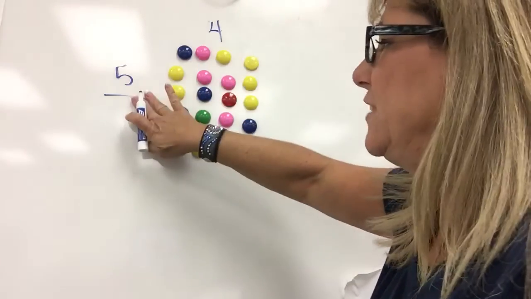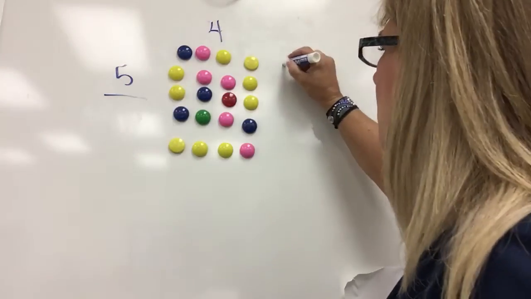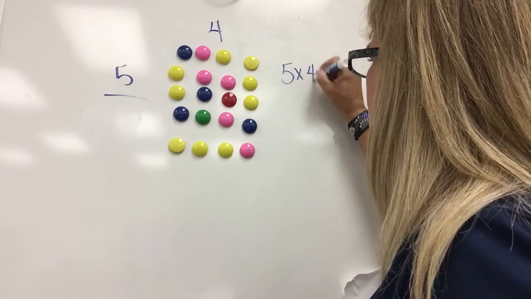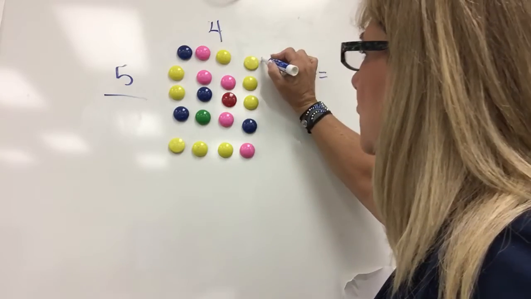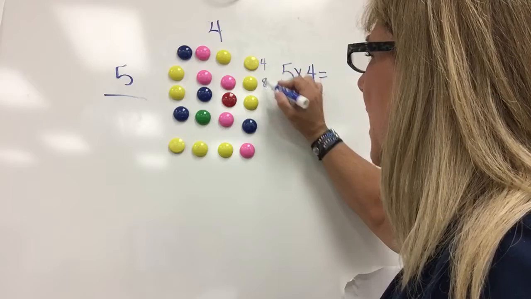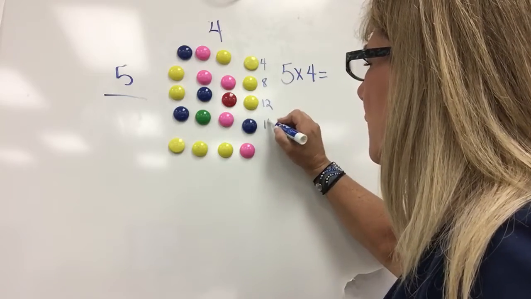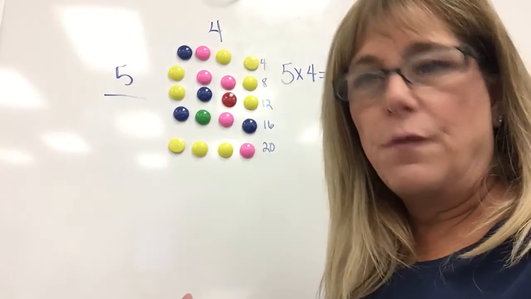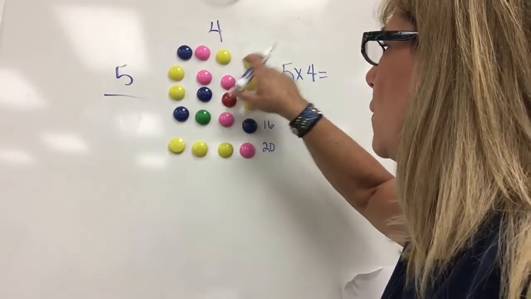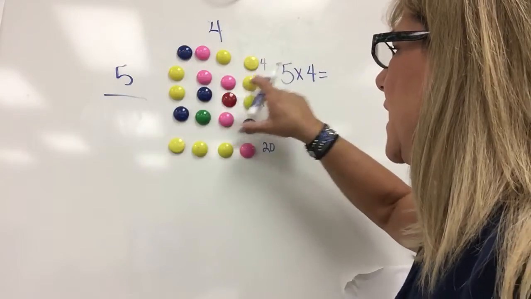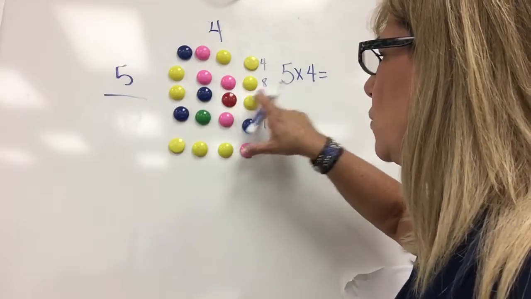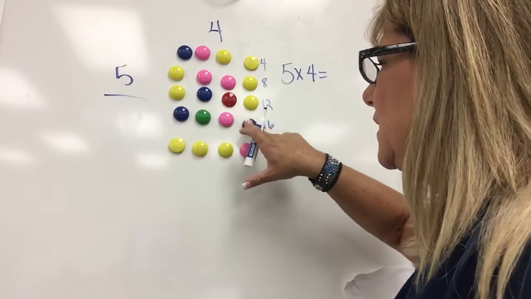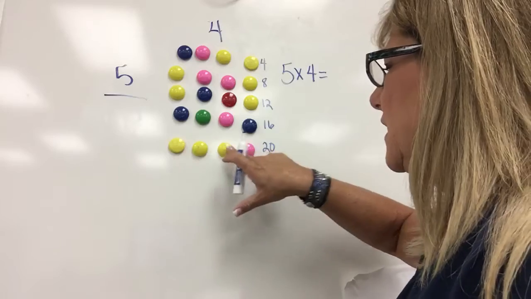So my multiplication would be 5 times 4. So I'm going to count by 4s. 4, 8, 12, 16, 20. Now, if I can't count by 4s, I can do this. 1, 2, 3, 4, 5, 6, 7, 8, 9, 10, 11, 12, 13, 14, 15, 16, 17, 18, 19, 20.